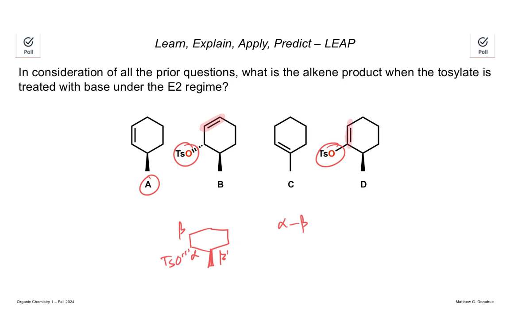And then D is putting a double bond in there, but it didn't remove the leaving group. And then C is a possible product, but again, it doesn't achieve the right conformation needed for E2.